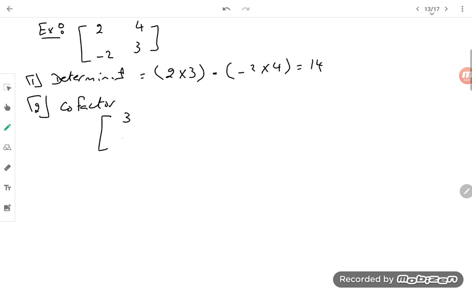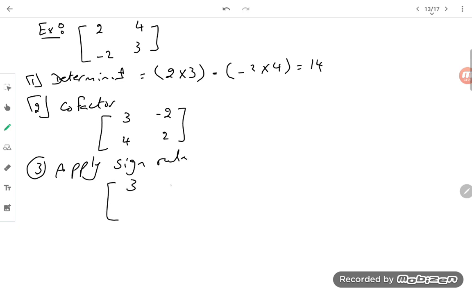It's 3, 4, 2, -2 and 2. And now we are going to apply sign. It will be positive, negative, negative, which is positive, positive, negative.